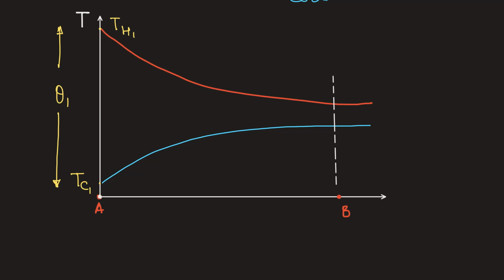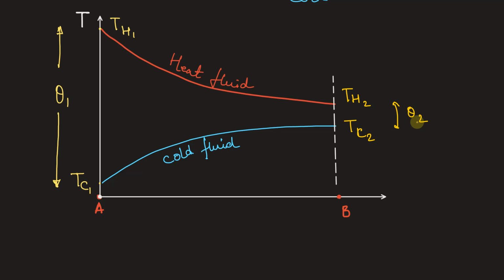Now this red curve represents the heated fluid, and the blue curve represents the temperature variation of the cold fluid. Now at the end point, that is at B, the temperature of the heated fluid will be TH2, and for the cold fluid it will be TC2, and the difference between these two temperatures is theta2. So that means theta2 is equal to TH2 minus TC2.